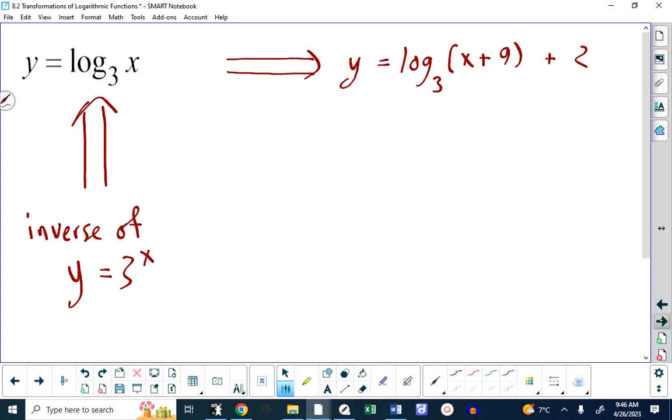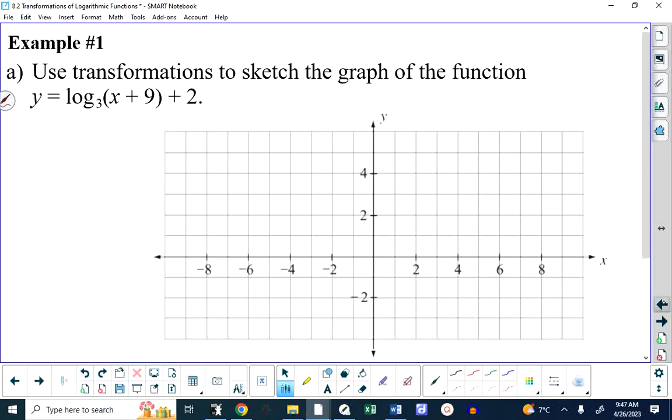You're probably going to put some points down and then erase them later, because I don't think it's a good idea to put the graph of y equals 3 to the x, the logarithmic function, and our answer all on the same grid. So I'm going to use a particular color for y equals 3 to the x, and then I'm going to erase that. So what does y equals 3 to the x look like?